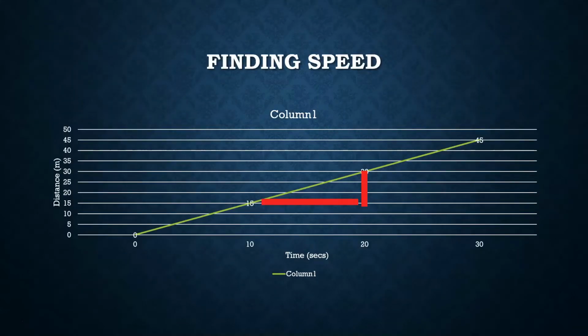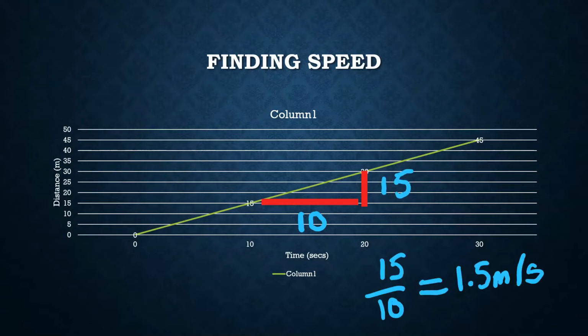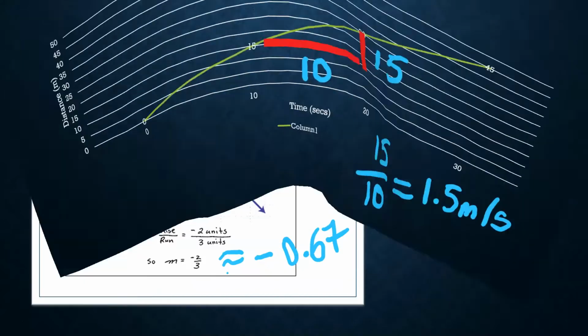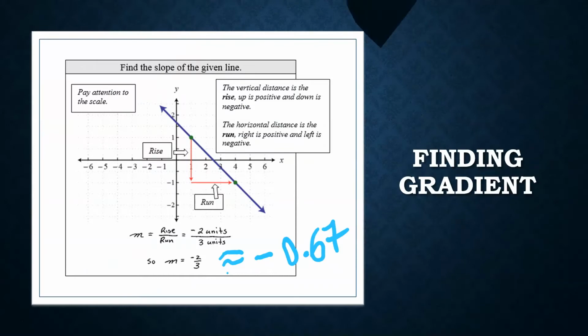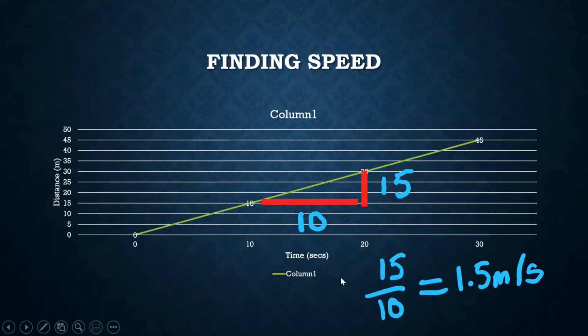So here's an example. Here's one I drew myself for you. So we're doing rise over run. So we've got 10, we've got 15. So 15 is our rise, 10 is our run. 15 divided by 10 is 1.5 meters per second for that speed at that point. I would lose marks on this graph because look, my title is column 1.